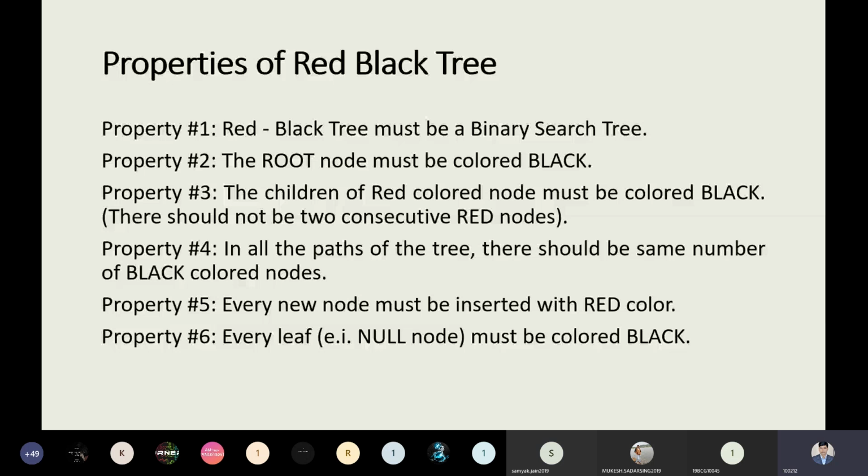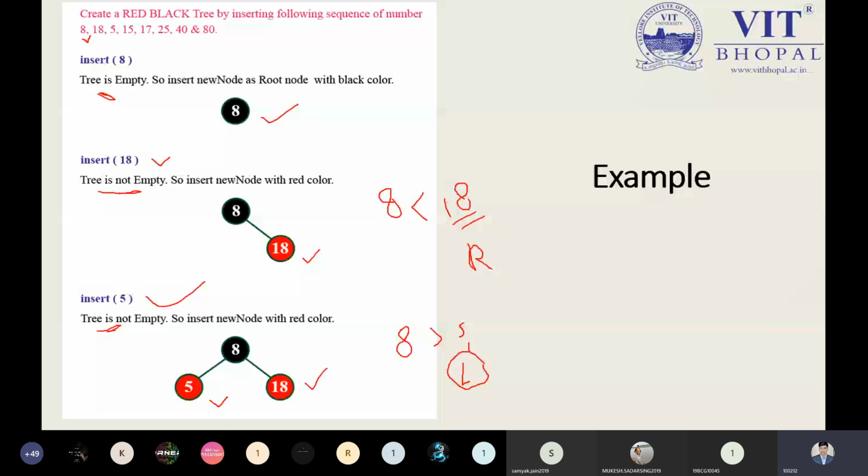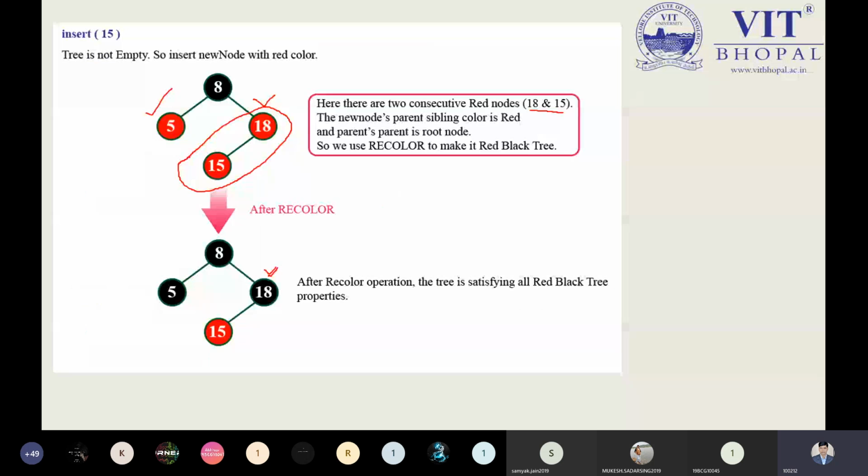And now I have lots of examples for all. With this example, we will see if leaf nodes are not colored black, we have another idea by which we can represent it. But before that, let us understand this example in continuation. So what happened now? 15 is already red.